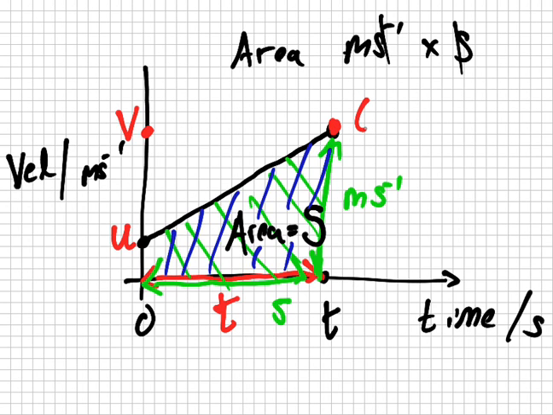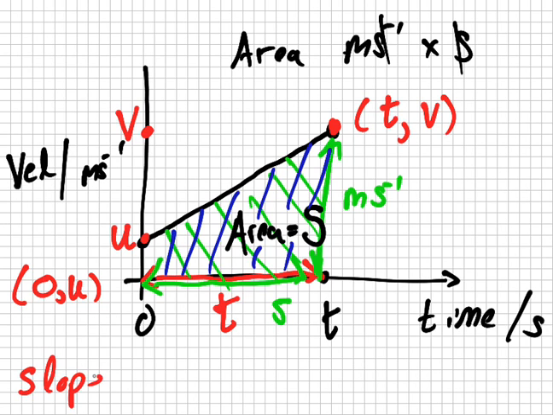Here is the point T and V. And then this point here is, what is it? 0, U. In maths class we learned the formula for the slope, didn't we? It's, what would it be here? V minus U over T minus 0.